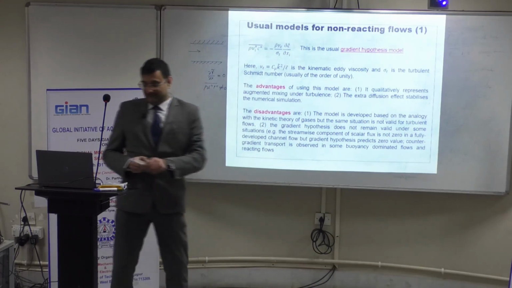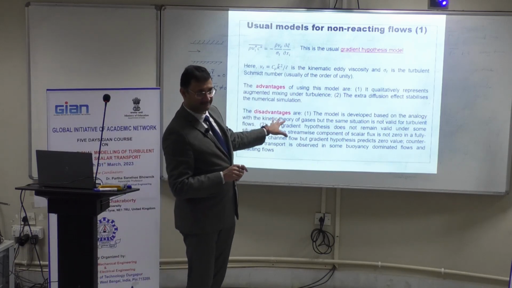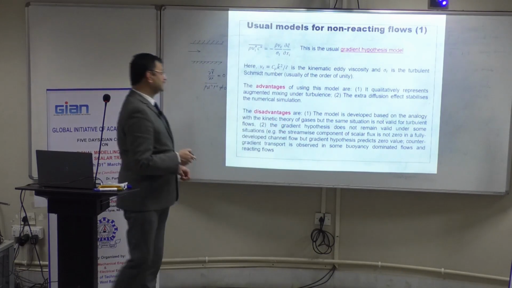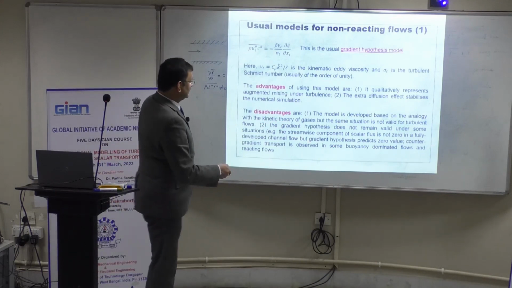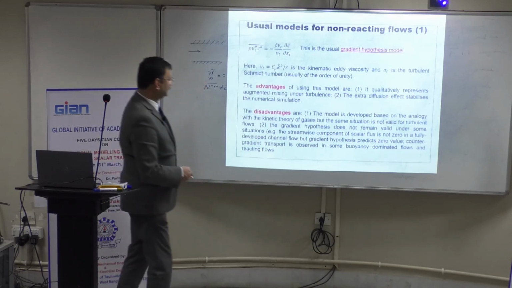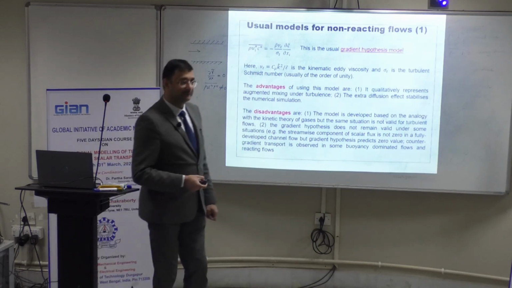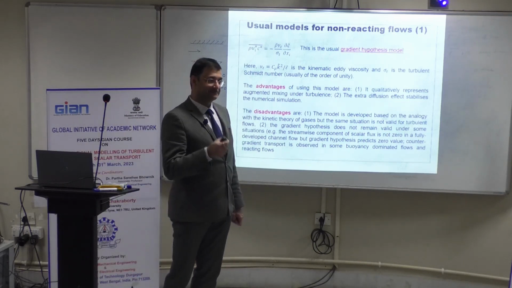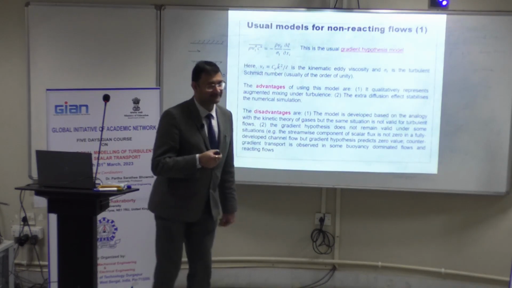So you get away with it, but it doesn't give you the right physics. And you will see later on, the gradient hypothesis essentially is invalid sometimes in buoyancy dominated flows and in some reacting flows. Counter gradient transport is observed. We talked about counter gradient transport briefly yesterday. We'll come back to that in greater detail today.